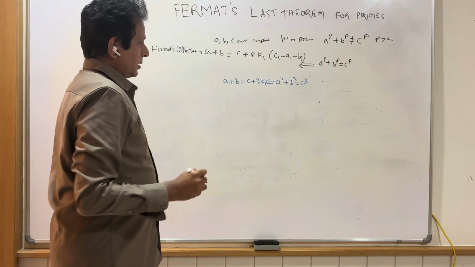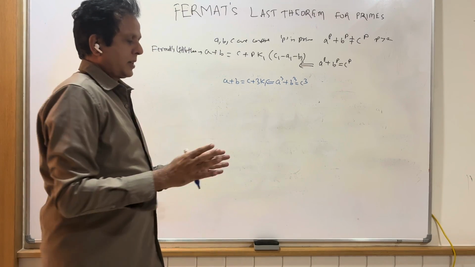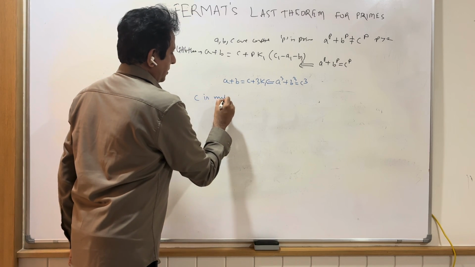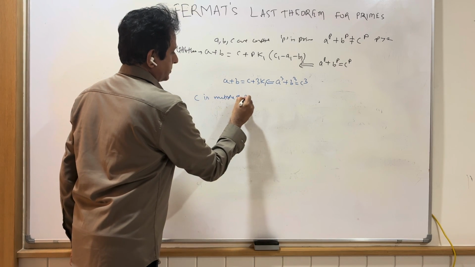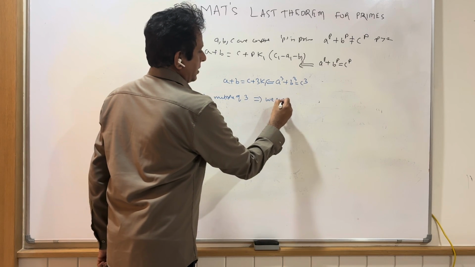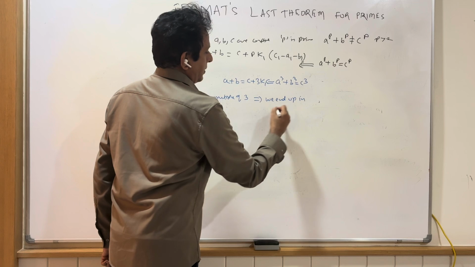We also discussed that if c is a multiple of 3, then we end up in infinite descent.